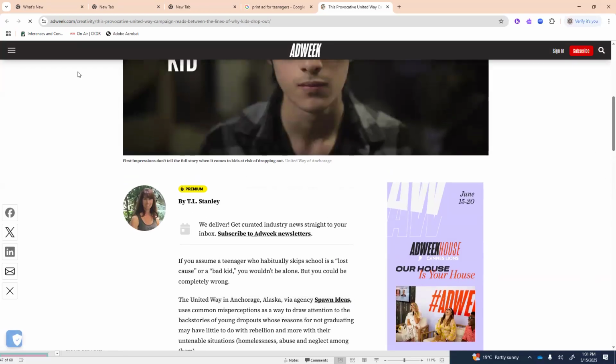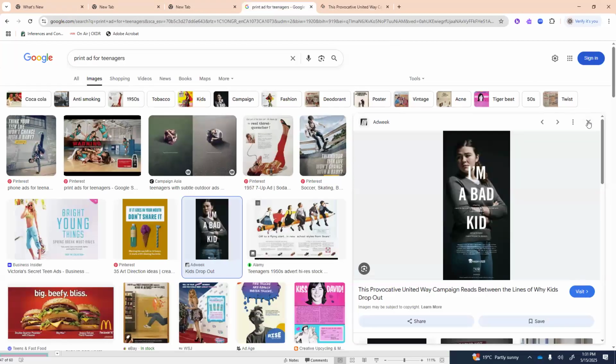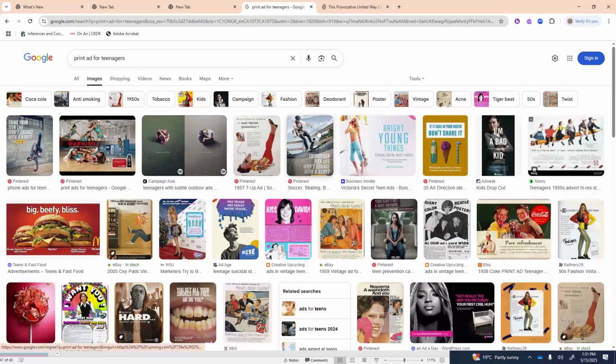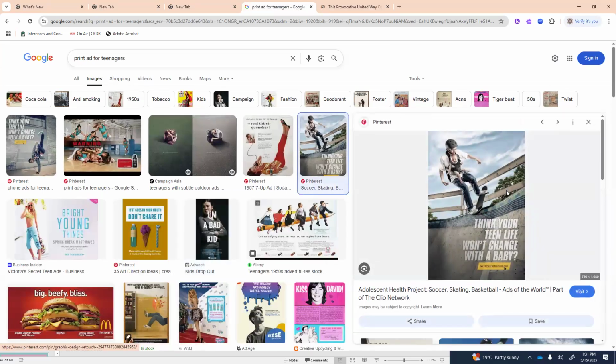Oh, not a magazine ad. Anyways, hang on a second. So this is one, although they're not really selling anything, this becomes a public service announcement. They're trying to basically encourage people to not have babies really young, which is a different one.